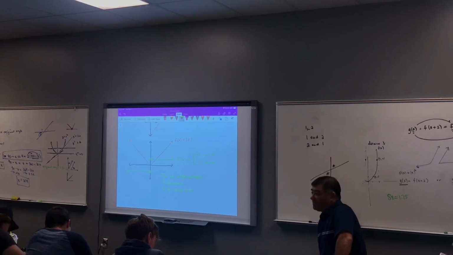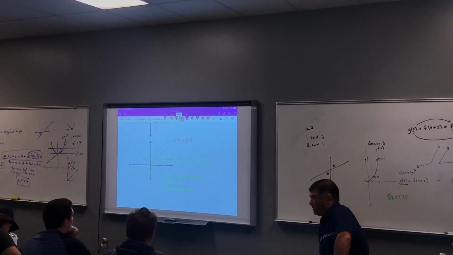That means the derivative exists everywhere else. It just doesn't exist where the sharp turn is.